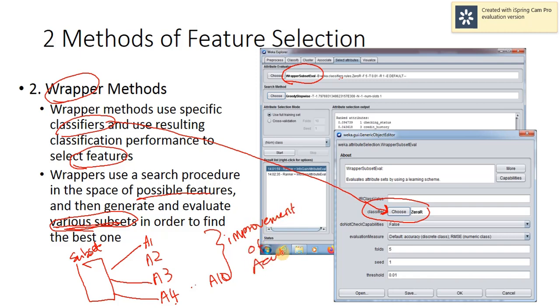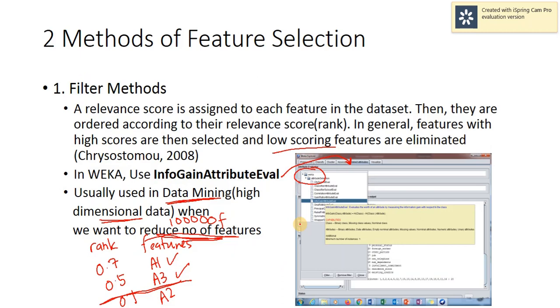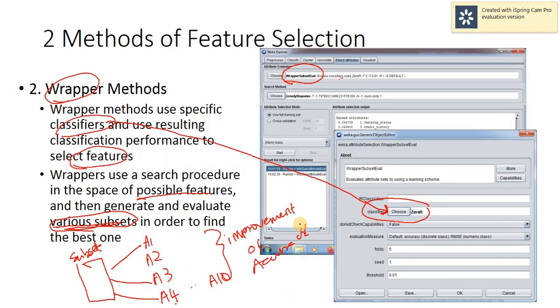So later on, we will take a look at WEKA and how filter method is being implemented. Usually in data mining, we use filter method. In wrapper method, we are using it in machine learning method, because wrapper method cannot deal with high dimensional data.